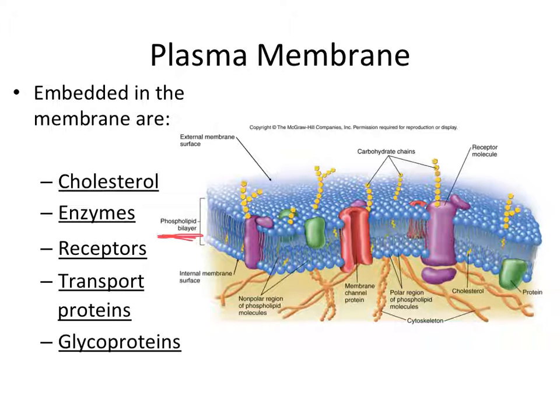But then you also see all of these other structures found within, the purples and the greens and the reds and the yellows intermingled. All of these different structures give it the characteristic of being described as a fluid mosaic. So the plasma membrane is described as a fluid mosaic.